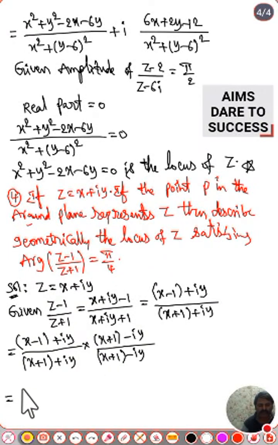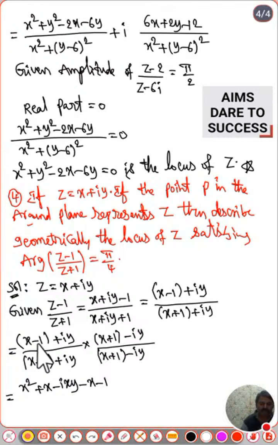x into x is x square, x into 1 is x, x into minus iy is minus ixy. Next, minus 1 multiplication: minus 1 into x is minus x, minus 1 into plus 1 is minus 1, minus 1 into iy is minus iy.